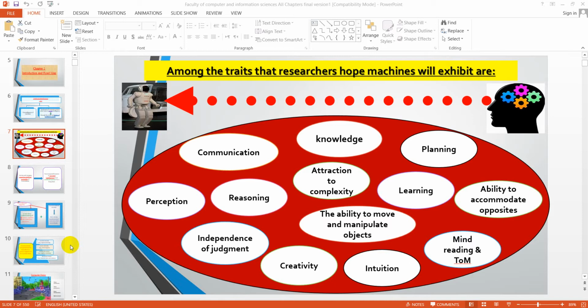Among the traits that researchers hope machines will exhibit are planning, knowledge, communication, perception, reasoning, attraction to complexity, learning, ability to accommodate opposites, independence of judgment, the ability to move and manipulate objects, intuition, creativity, and of course, mind reading and theory of mind.